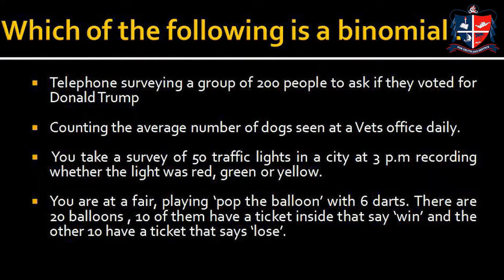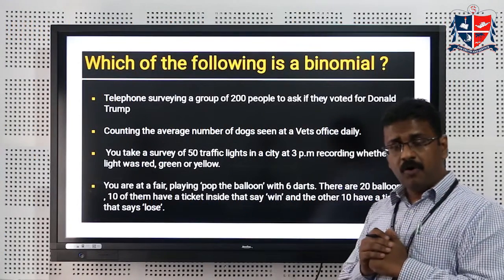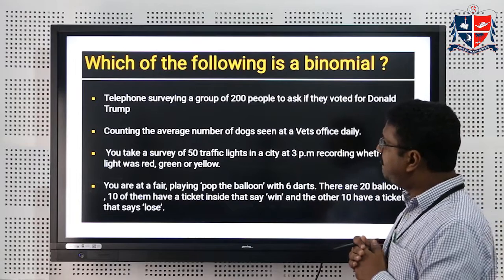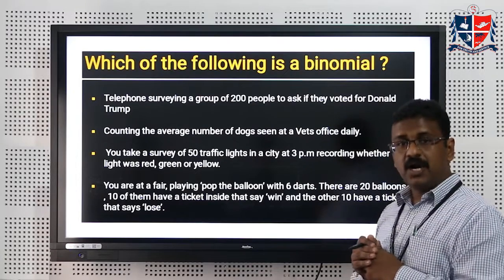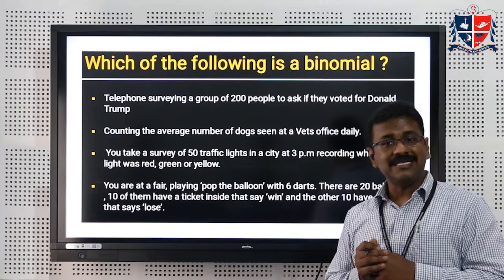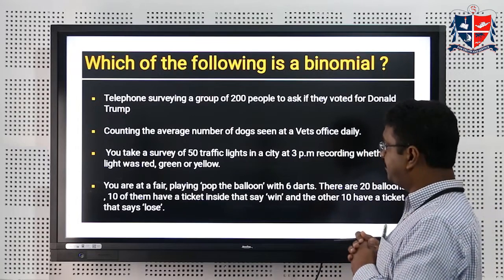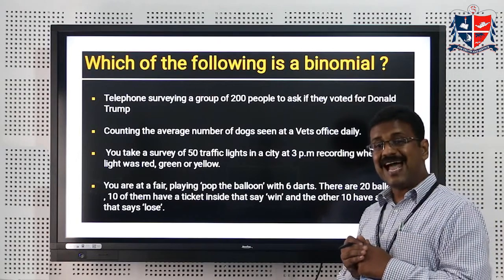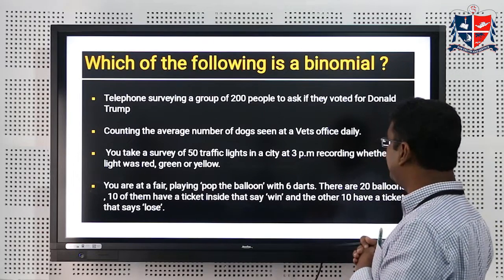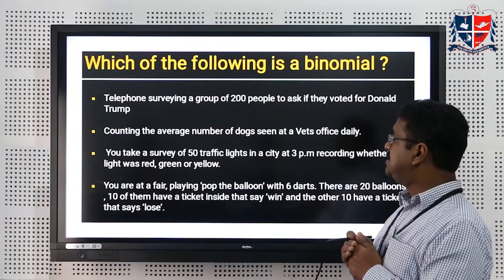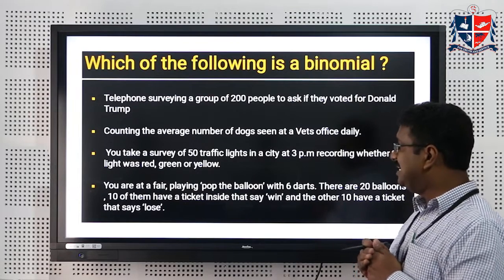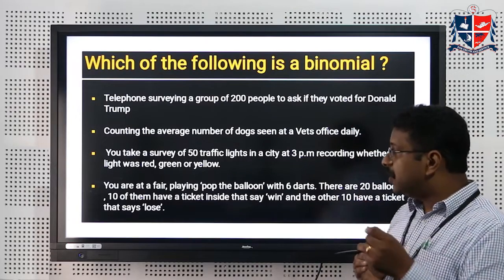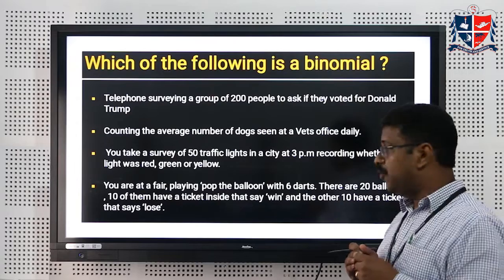Let's look at some examples to understand this. Okay, so we have four statements. The first statement is a telephone survey being conducted on a group of 200 people to ask if they have voted for Donald Trump. Second, counting the average number of dogs seen at a veterinary doctor's clinic. Third, you take a survey of 50 traffic lights in a city at 3 p.m., whether the light was red, green or yellow.